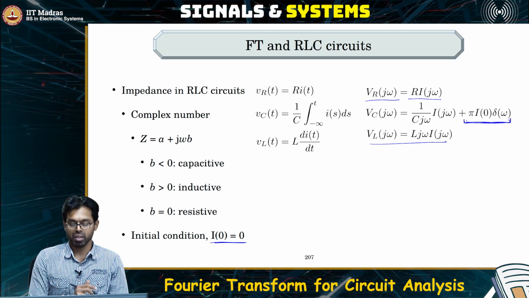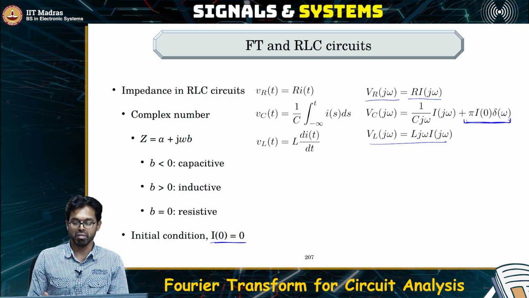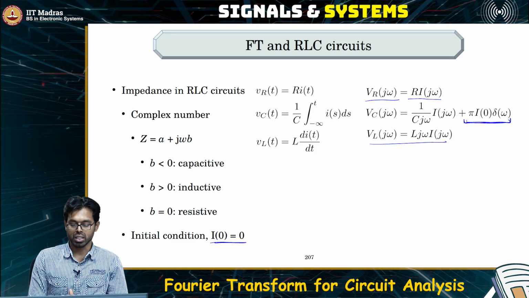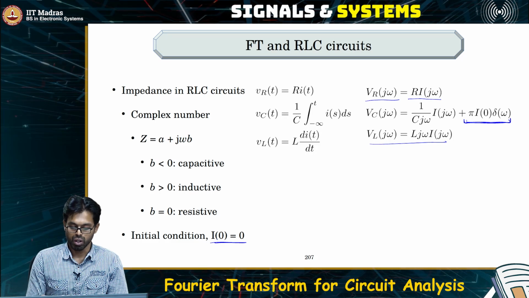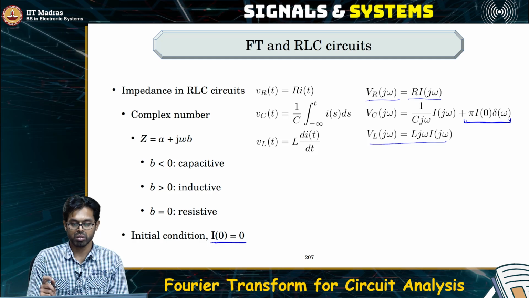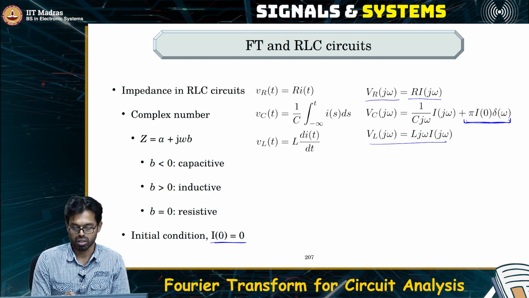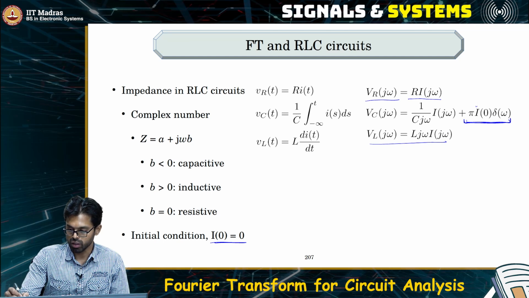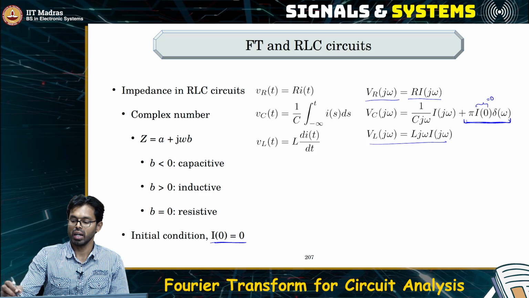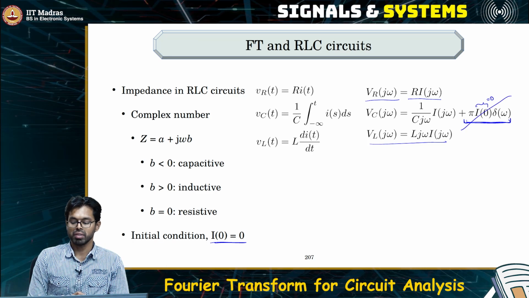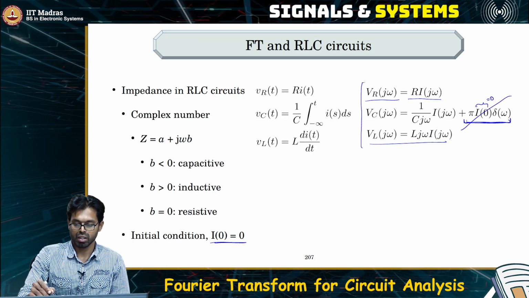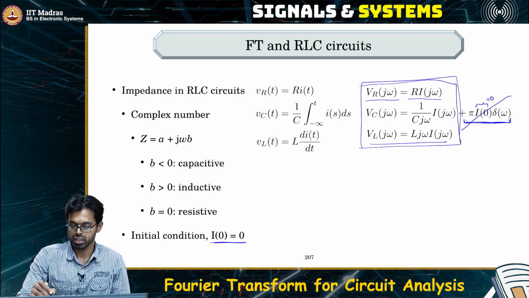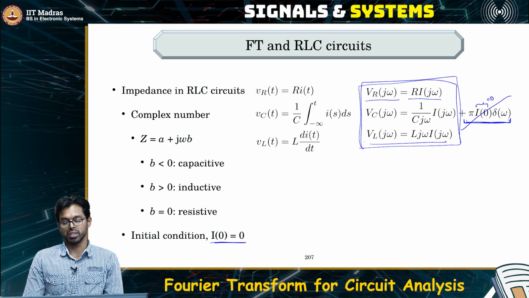If we assume that when we switch on the circuit there are no remnant charges, that is, the current is 0 at time t equal to 0, then we can say that this I of 0 term is 0 and completely ignore it. This gives us a very nice relationship between the voltages in the frequency spectrum and the current in the frequency spectrum.